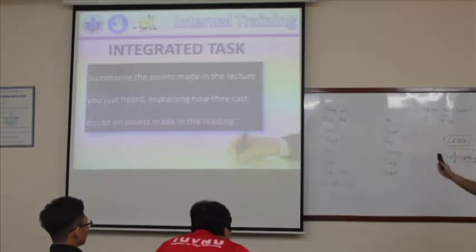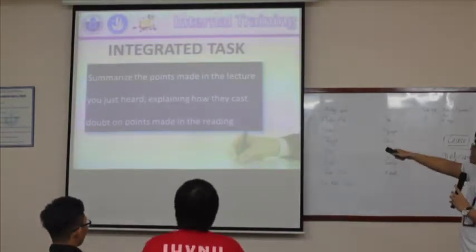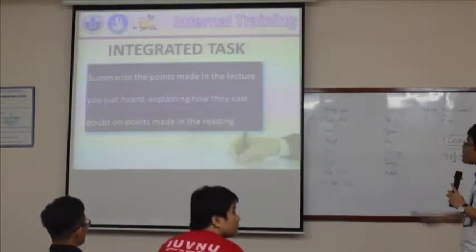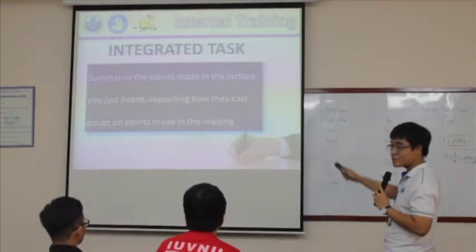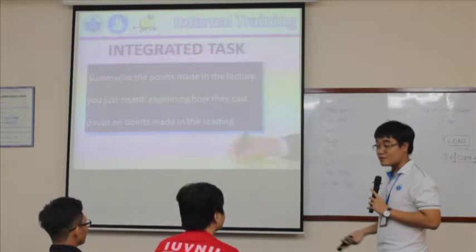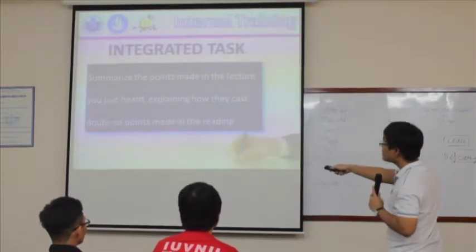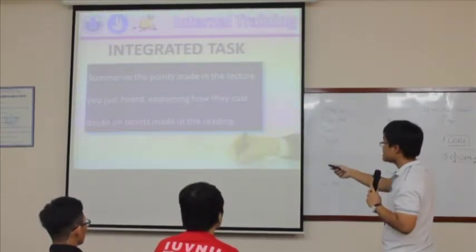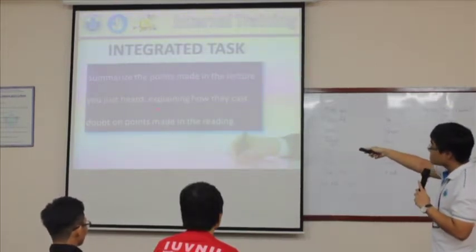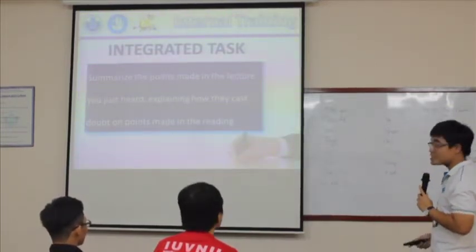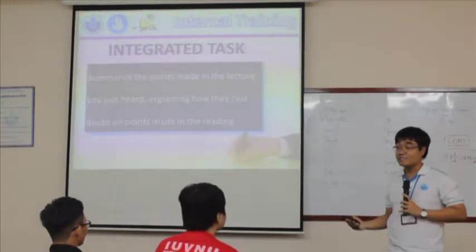If you break this sentence down into smaller parts, you can see what you have to do. First, "you just heard" requires your listening skills. And "the points made in the reading" means you definitely need to read a passage. And when it comes to explanation, you need to write.